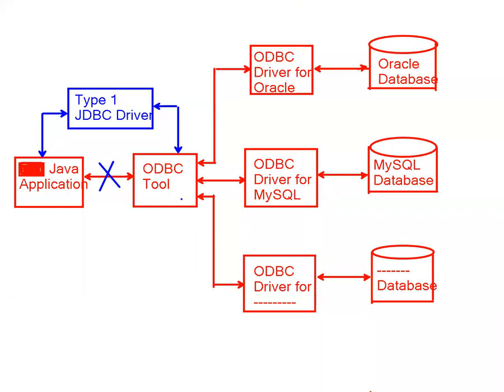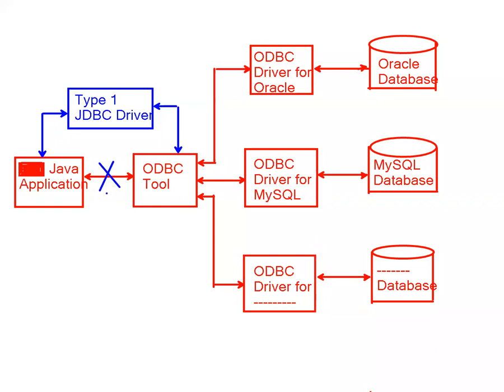See, seeing this diagram, give me the answer. How many ODBC drivers: one driver or many drivers? Many drivers. How many type 1 JDBC drivers? One driver only. So actually the connection failed here, between the Java application and ODBC.